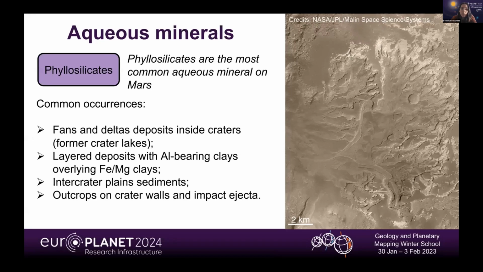They are also found not associated with any fluvial morphologies, for example just in plains, in intercrater plains. And they are also excavated from depth. So we have phyllosilicate outcrops on crater walls, and we can find phyllosilicates on impact ejecta.